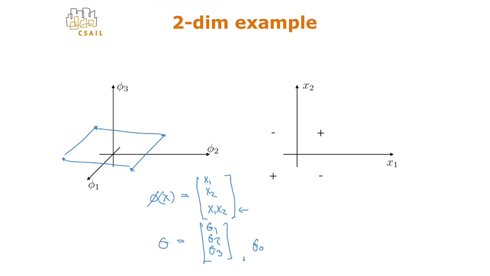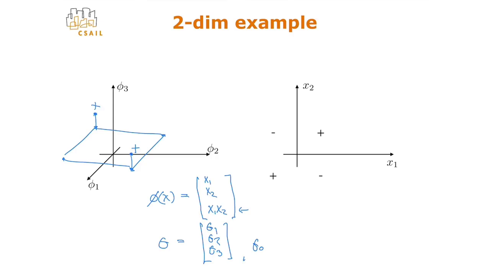So the positively labeled examples are now lifted upwards. They live here in phi 1, phi 2. So this corner here is positive. That gets lifted up a little bit here. It's a positively labeled example. The other positively labeled example is here. It's lifted up based on its phi 3 coordinate here.